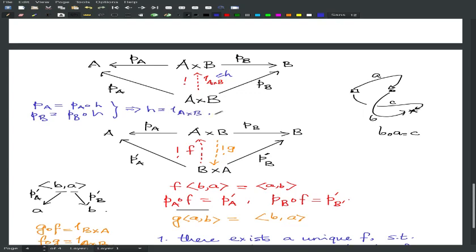Right? That's the unique one. In fact, it is both ways. So H, identity of A cross B, is the only function which satisfies these.